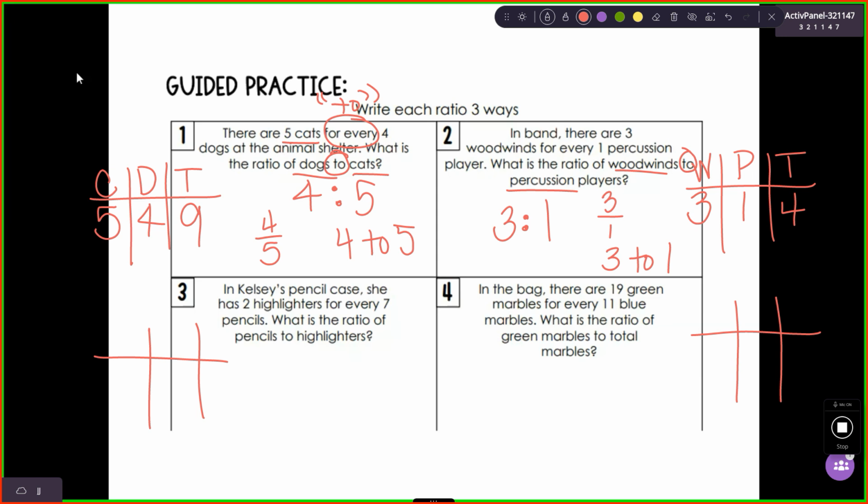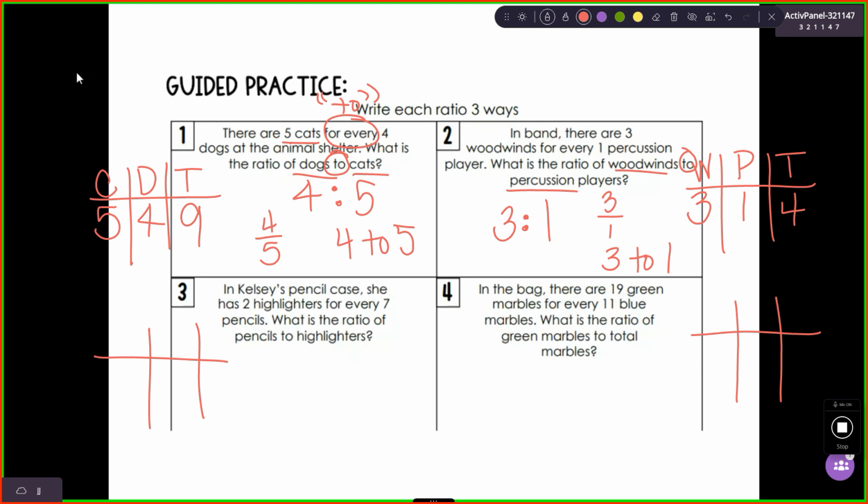Got it? And let's review real quick. So ratios can be written 3 ways. As a colon.